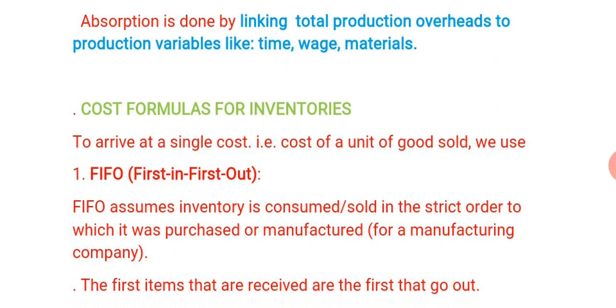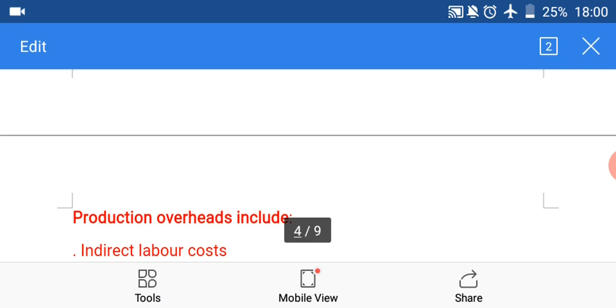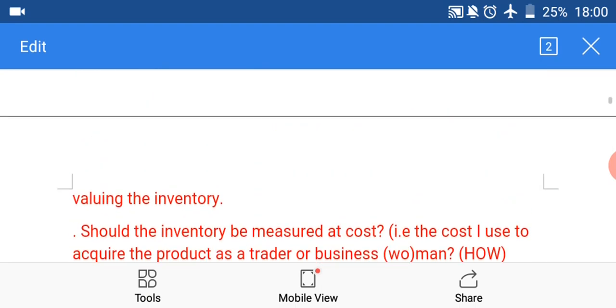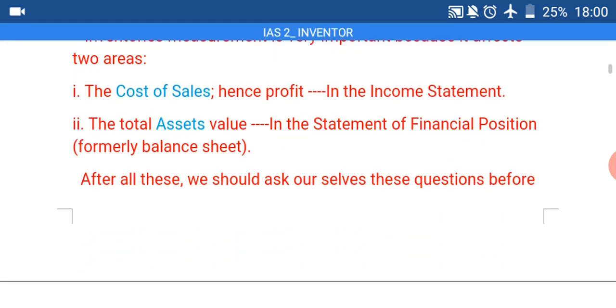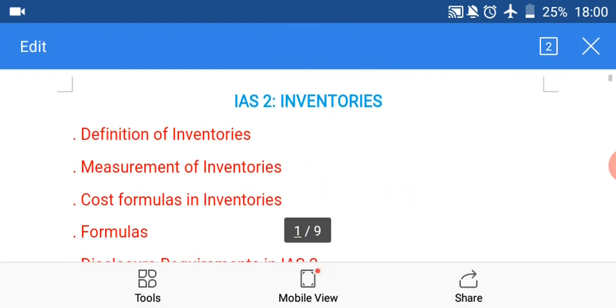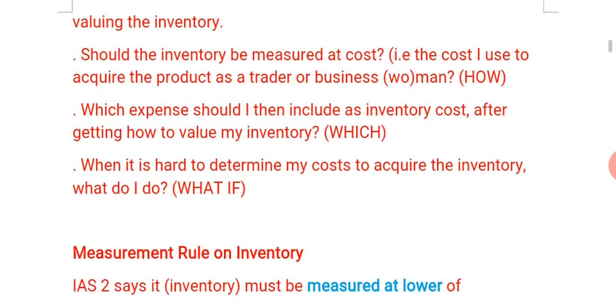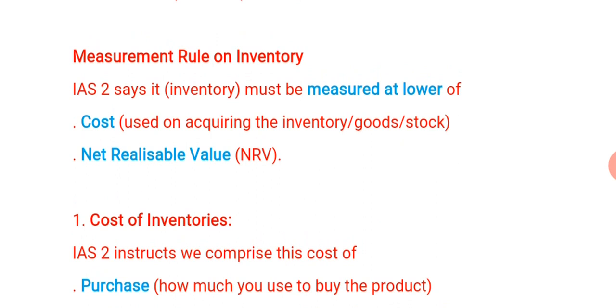Now, people normally confuse the cost formulas with the measurement rule. From what I've read, the measurement rule is basically the general measurement.